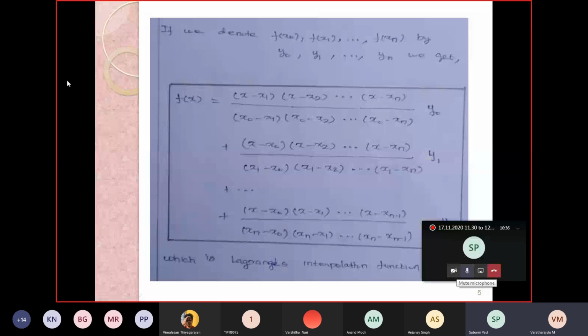But the term which is there in the y naught, we leave that x value. We won't consider that for the numerator.